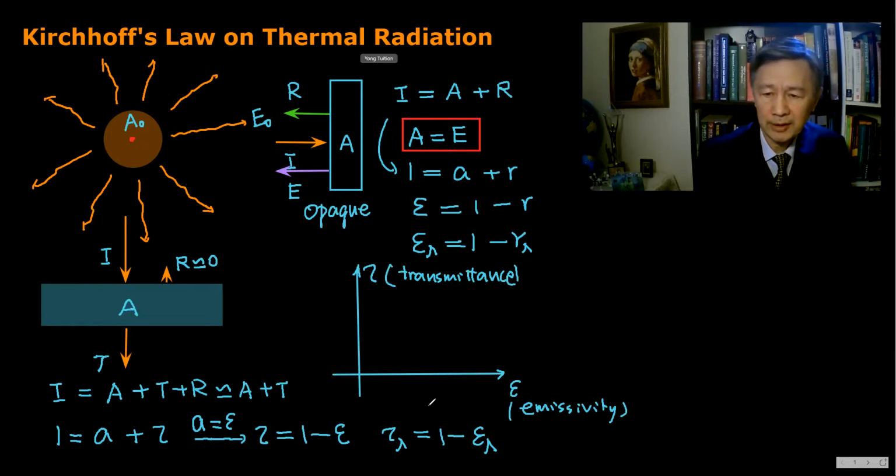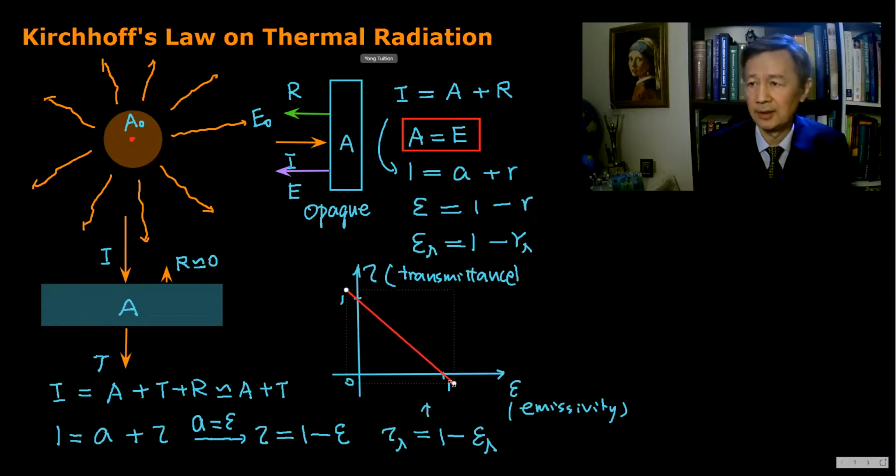If you use this diagram, you can find a simple linear dependence. If this is 1, or 100%, and this is the origin, you can get a very simple dependence between the transmittance and emissivity. It's a linear relation.